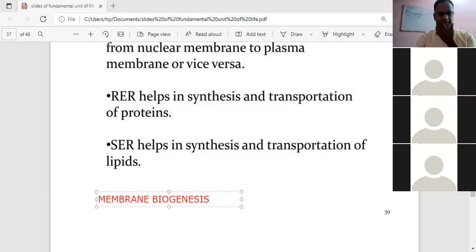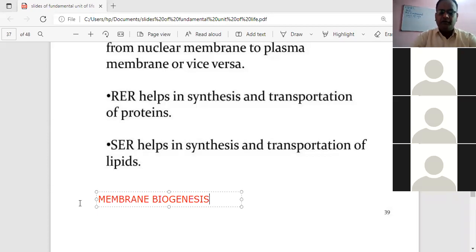Membrane biogenesis. As you all know, the plasma membrane is made up of lipids and proteins. How do you know that the plasma membrane is made up of lipids and proteins? What is the name of the model and who proposed it? In the last class, we have discussed.